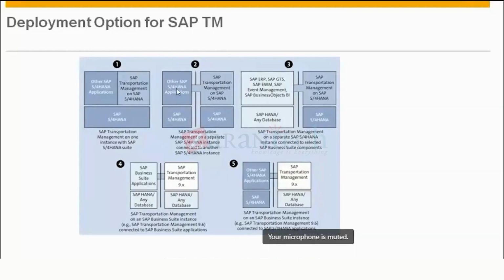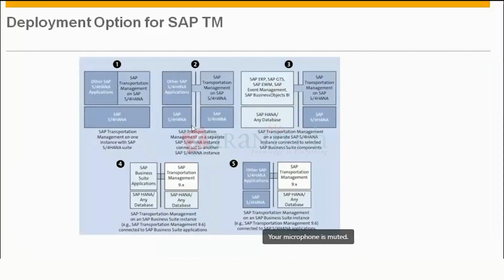Now, can you tell me which client would want these instances, or why you would propose that both are in S/4HANA, but with a separate server? This scenario comes into the picture when there can be two variants.